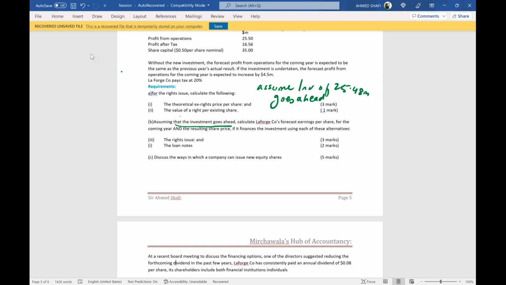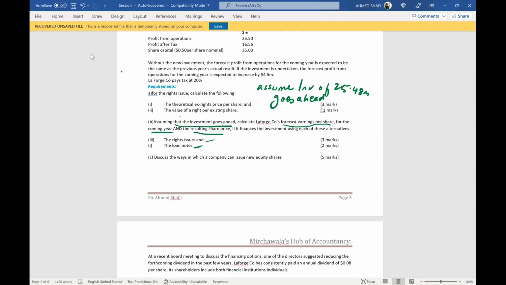Calculate Laforge's forecast earnings per share for the coming year and resulting share price if it finances the investment using each of these alternatives: rights issue, loan note issue. Remember to make the investment of 25.48 million.